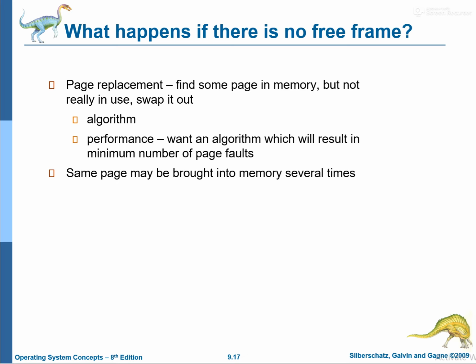If there is no free frame available in the main memory and you have to bring one page from the backing store to the main memory, then we need some algorithm which performs this page replacement. We have to find the algorithm which will have good or optimal performance, and we need an algorithm which will result in the minimum number of page faults, because the same page may be brought into memory more than one time.